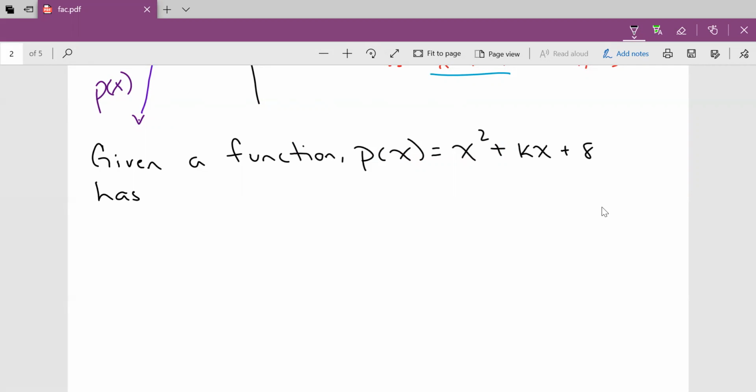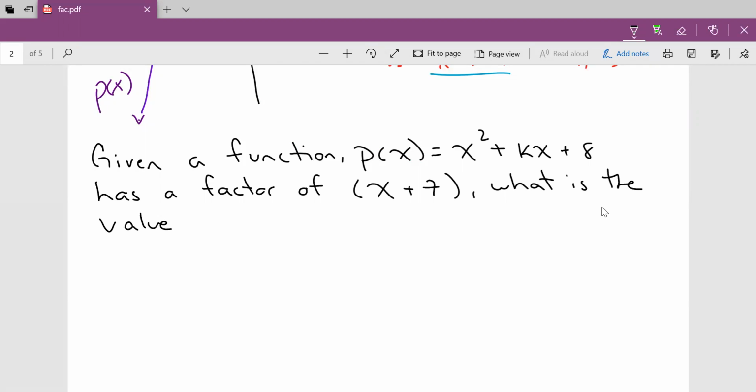Has a factor of x plus 7, what is the value of k?